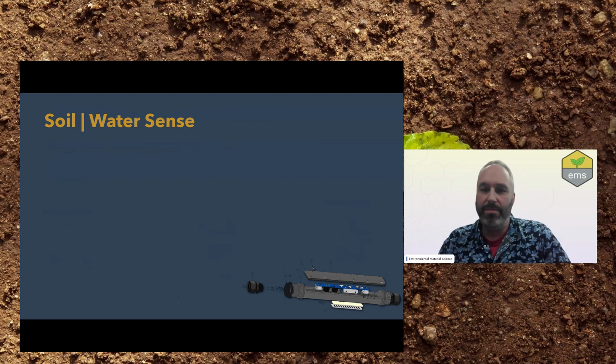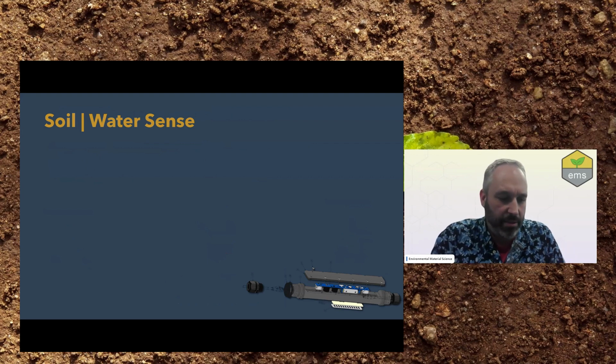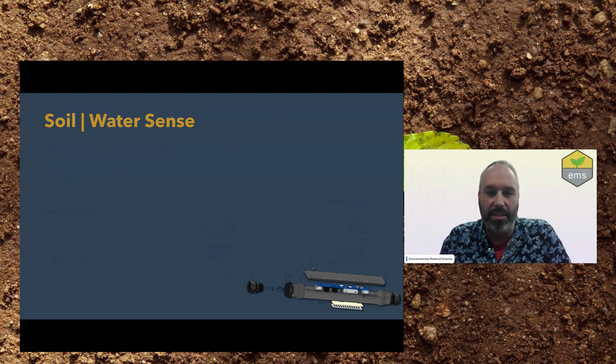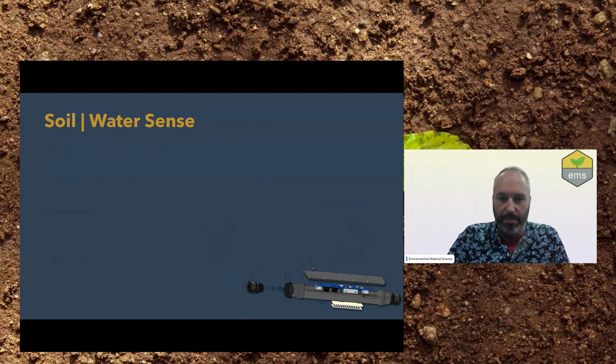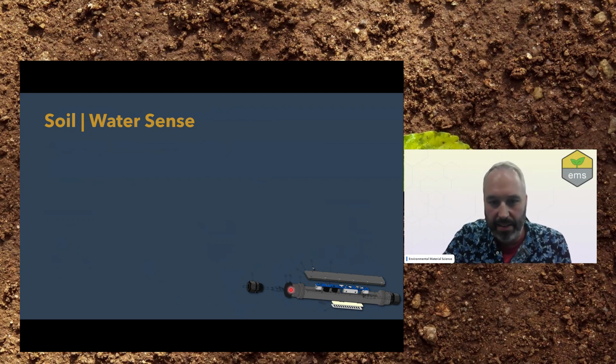So that's the preamble. So we'll do a little review of what the technology is in case you weren't here for the last one. So we call it our soil sense and our water sense. And let's see, I'll go to a laser pointer here. So you'll see on the bottom right here, this is our sensor pack.